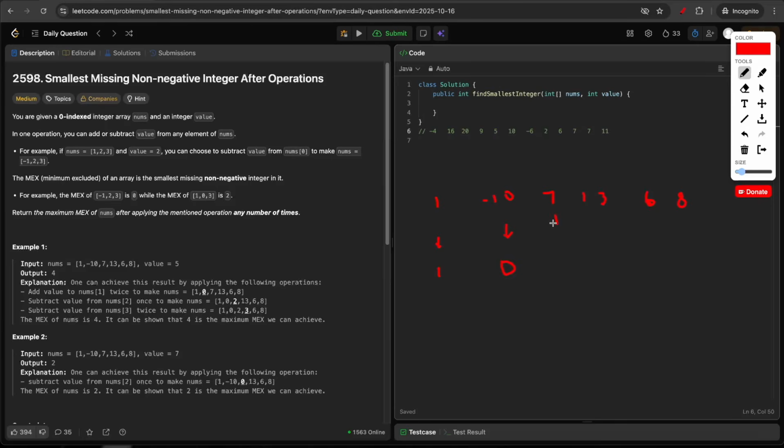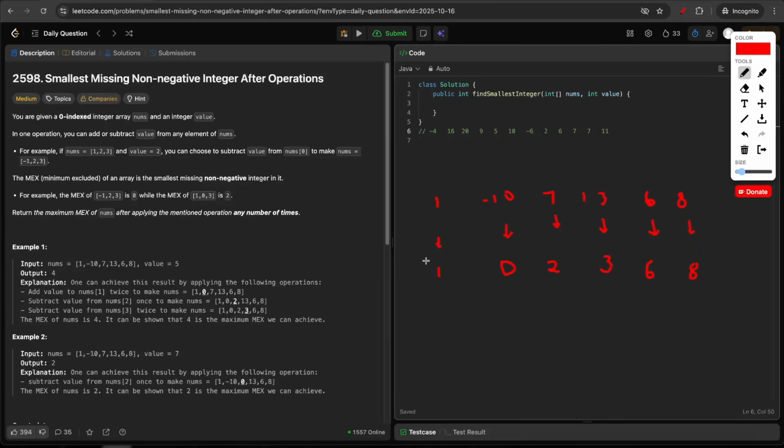So this 7 can be reduced to 2 by subtracting 5. 13 becomes 3 by subtracting 5 two times. So this 6, you don't need to subtract it, because when you subtract 5, it will become 1. So it's a duplicate. So duplicate won't help us in the MEX. So we keep it the same. And same with 8. 8 minus 5 will be 3. So we won't do it.